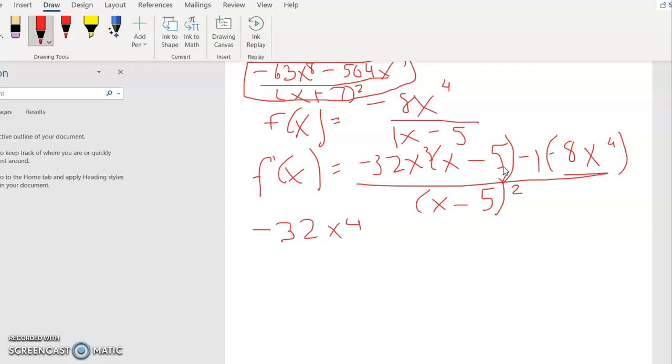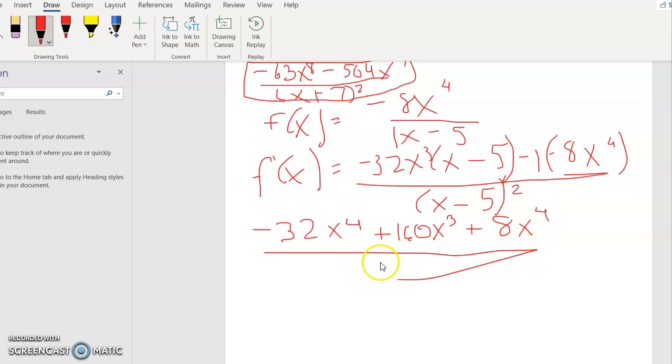That's going to give us positive 160x to the third. And then over here, negative 1 times negative 8 is going to give us a positive 8x to the fourth. Oops, sorry. Problem with writing with your mouse is you get lots of silly mistakes like that.